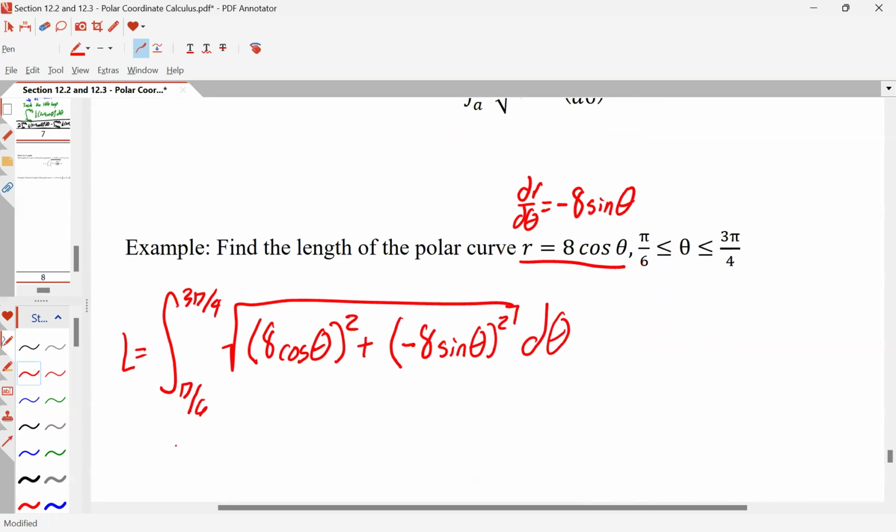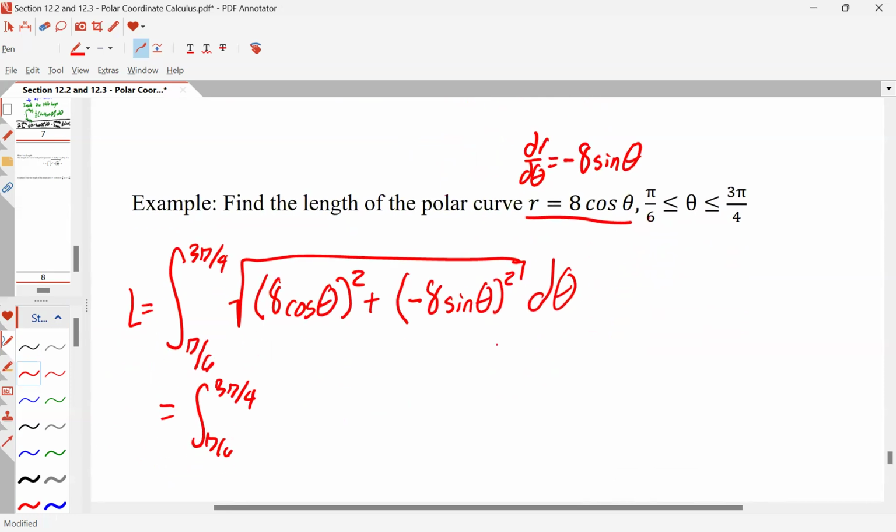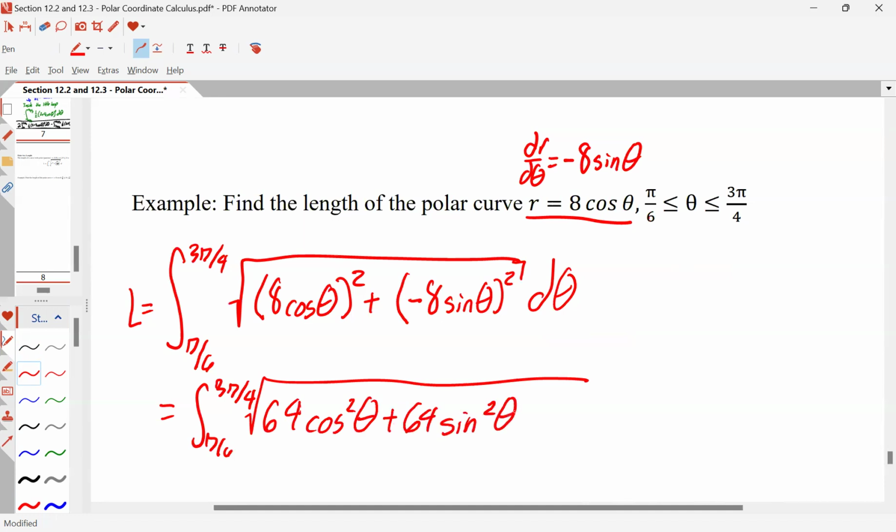Multiplying this out, we have the integral from pi over 6 to 3 pi over 4 of the square root of 64 cosine squared theta plus 64 sine squared theta. Negative times negative is positive.